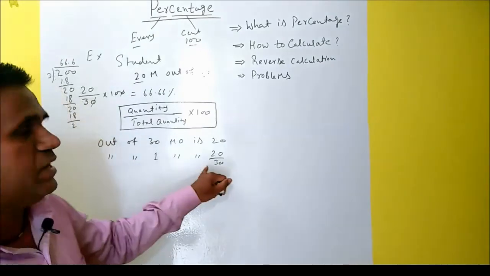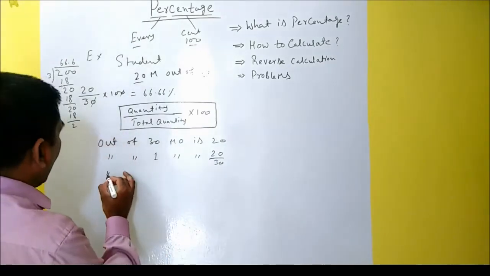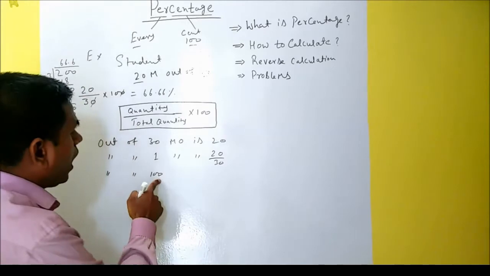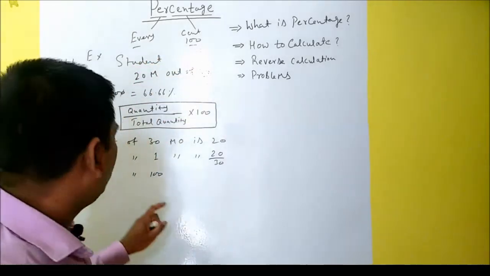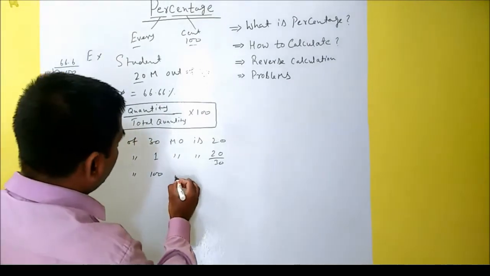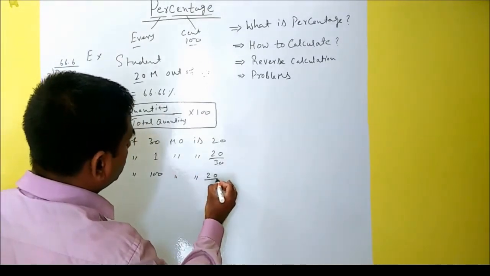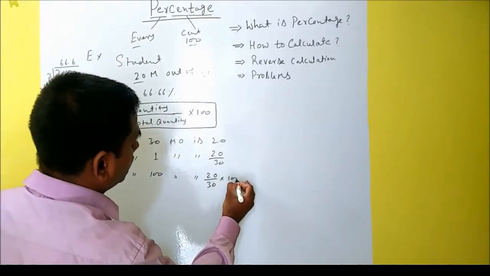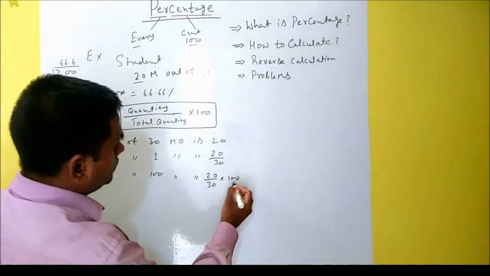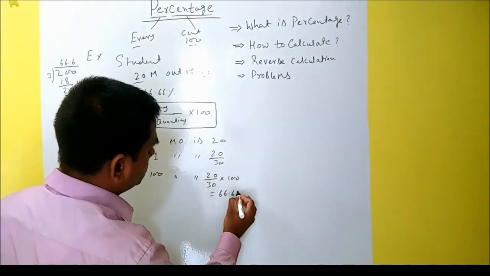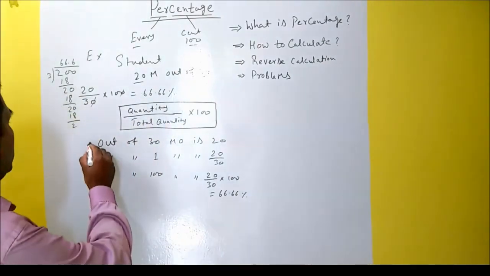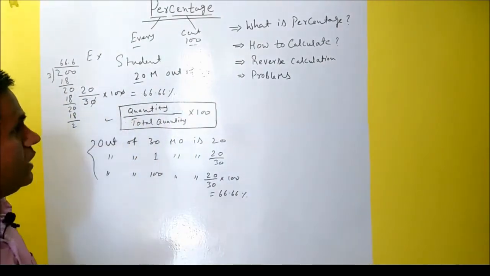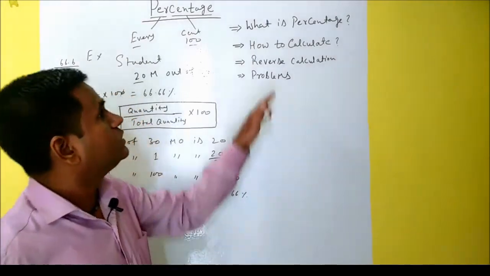We have to divide to get out of 1. We want out of 100, and out of 100 is the percentage. If we get it for 1, we can calculate it for 100 by multiplying. This will give you the same result. So you can follow either this method or this method to calculate percentage. Hope this concept is clear.